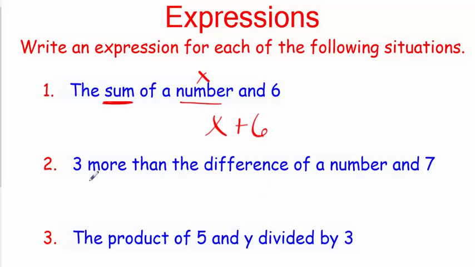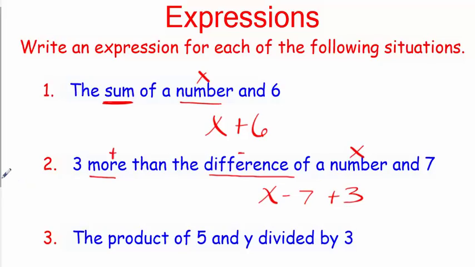Number 2, and this is not in your notes. It's just reminders. 3 more than the difference of a number and 7. I don't know what that number is, so that can be my variable. Anytime you have more than one operation, I'm obviously going to be adding here, and the difference is subtracting. Always go to that end part first. The difference of a number and 7, so the difference means subtract, so x minus 7, and then 3 more.